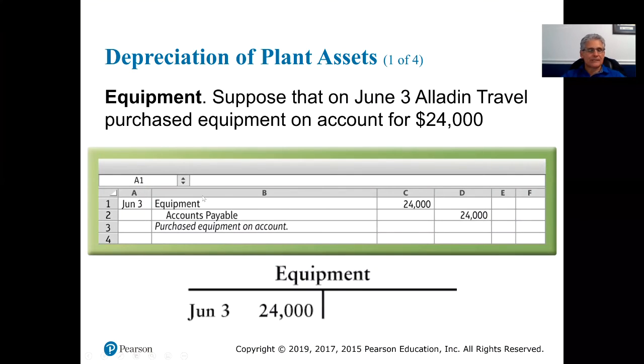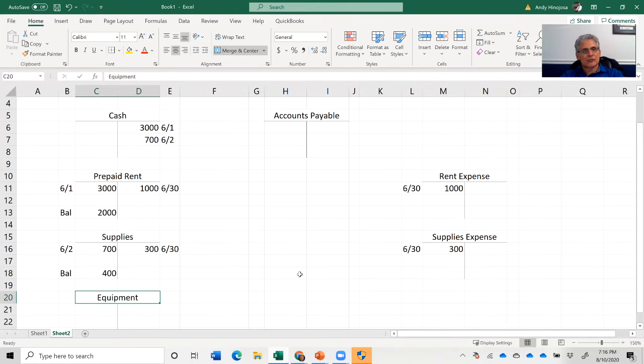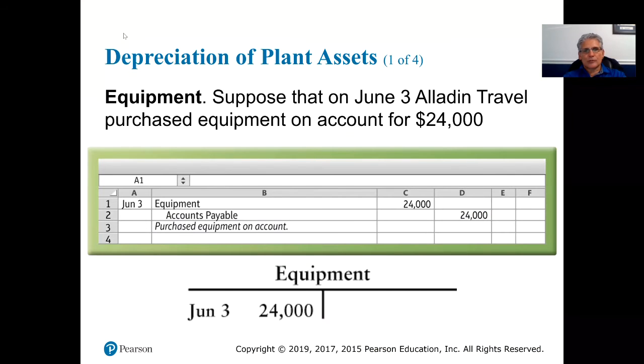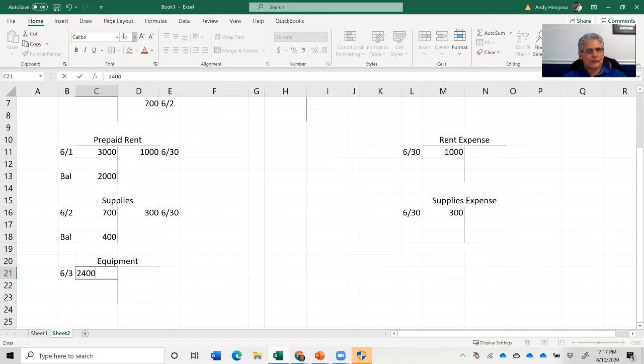If we buy a piece of equipment, that is an asset, and we're going to debit it for $24,000. This is the journal entry, and then we're going to take those numbers and post them to the ledger, which is represented by T accounts here. This occurred on what date? June 3rd. So June 3rd, $24,000 debit.